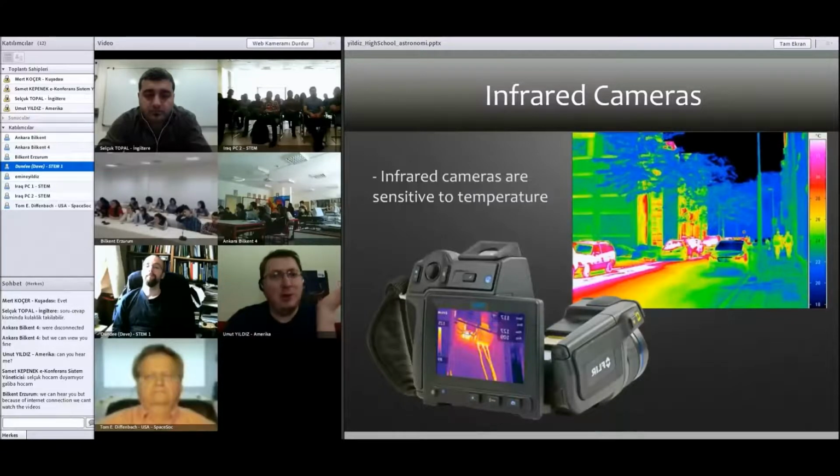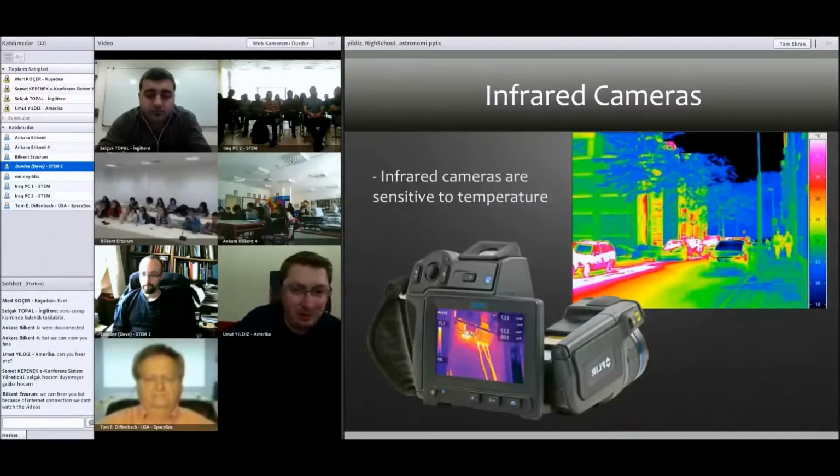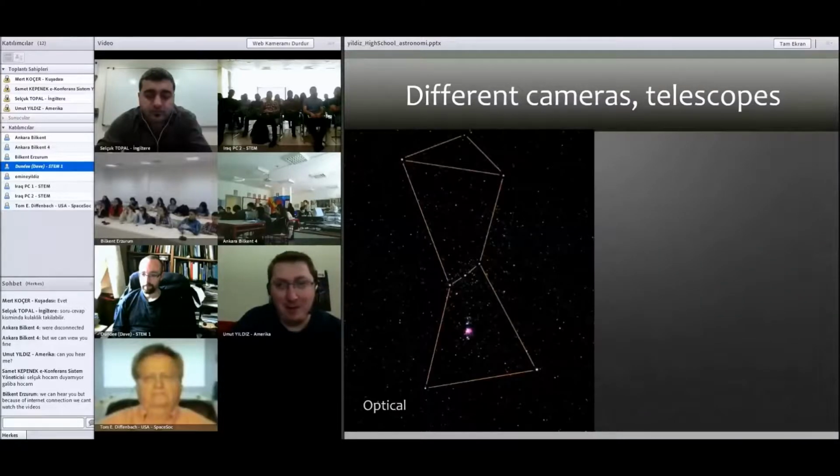So if I want to find out the temperature somewhere in space, I need to use different types of telescope, like the infrared telescope. For example, look at this figure in the sky. This is the Orion constellation. This is what we see with our optical eyes.